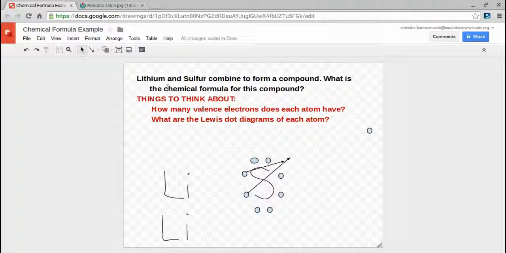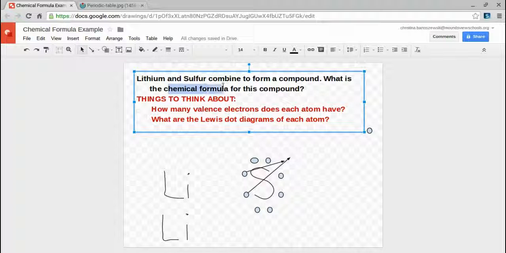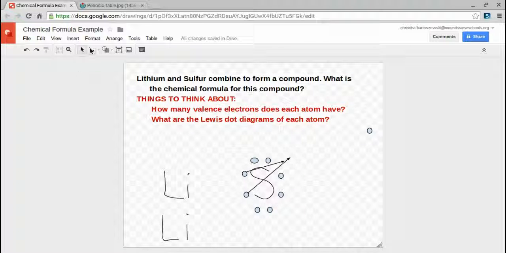Back to our actual question: what is the chemical formula? Since it took 2 lithiums to satisfy sulfur, our chemical formula should be Li, and then the subscript 2.